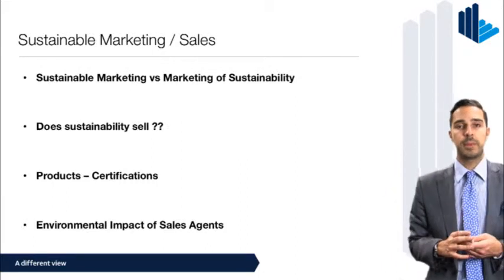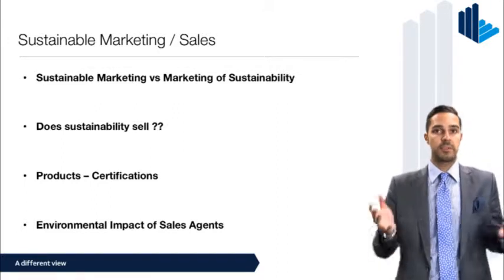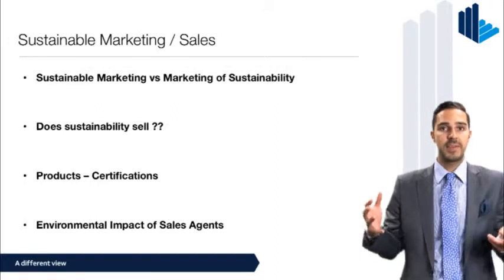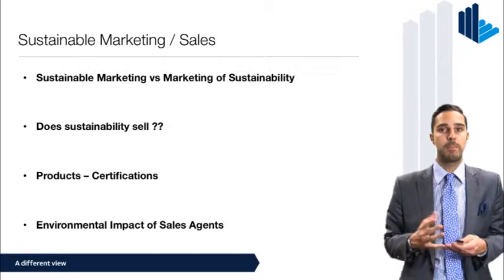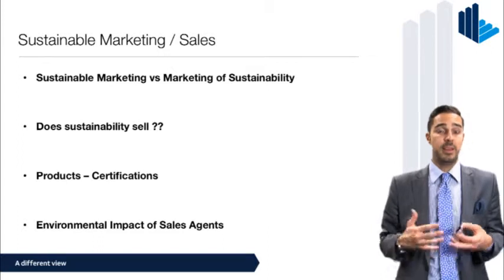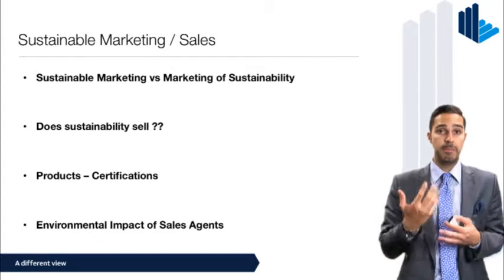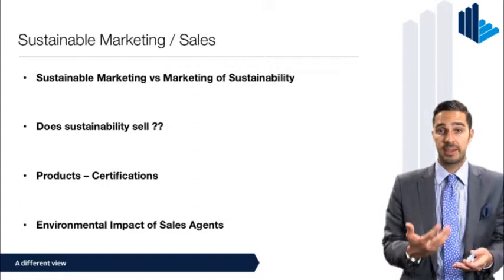At the same time, marketing is a process itself. So there are a lot of activities related to marketing products. So you can basically work as a corporate to reduce the impacts of these activities.